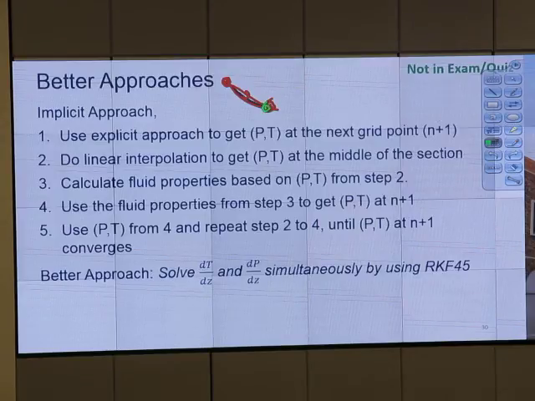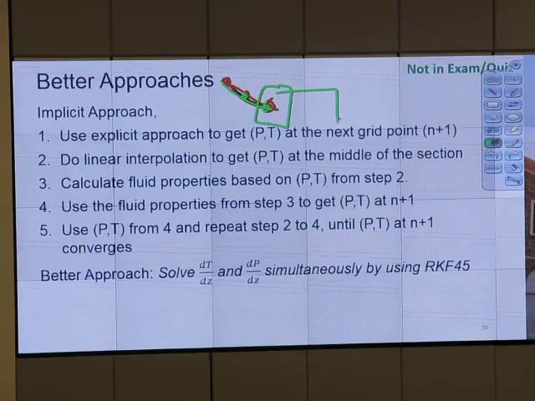Use the new point and the first point to get the temperature at the middle. Just average them. And use the temperature at the middle to calculate the fluid property and use that fluid property to calculate the profile. You keep doing this until that output doesn't change, until it's converged. Okay? Then you move on to the next section.